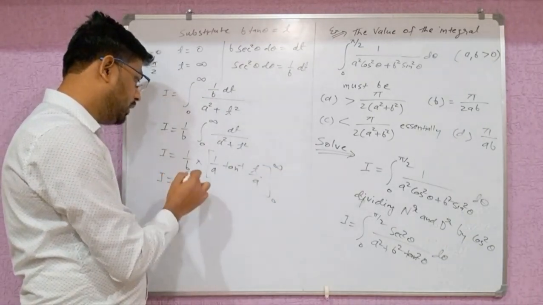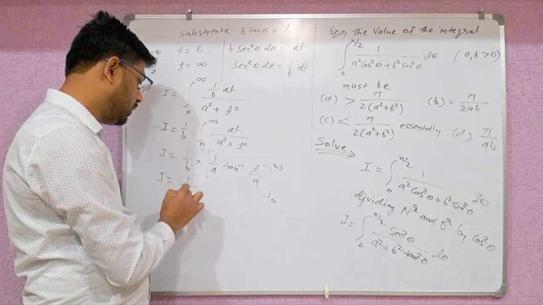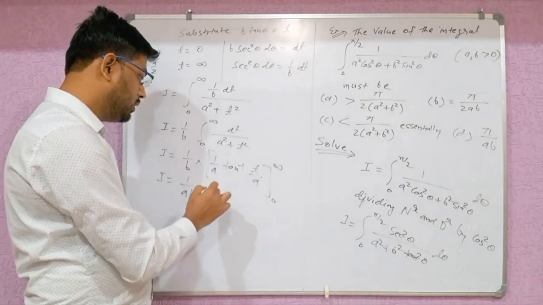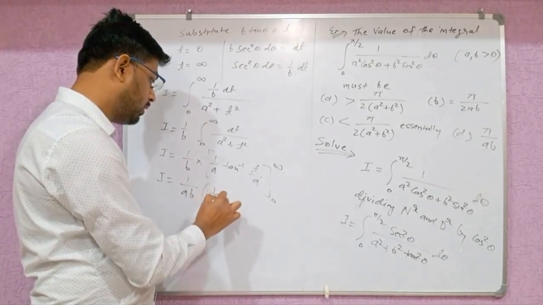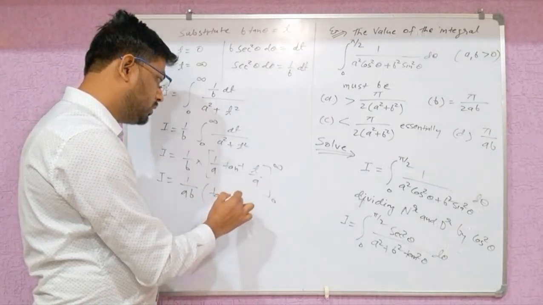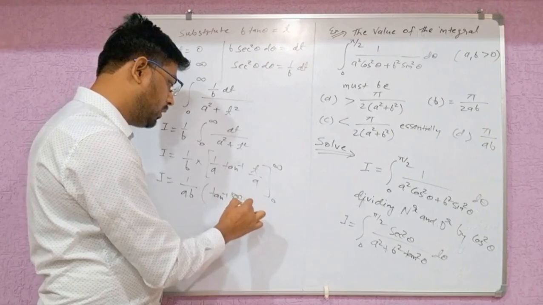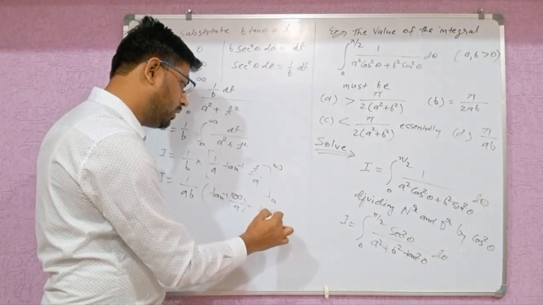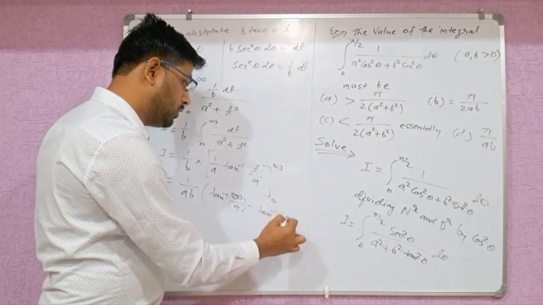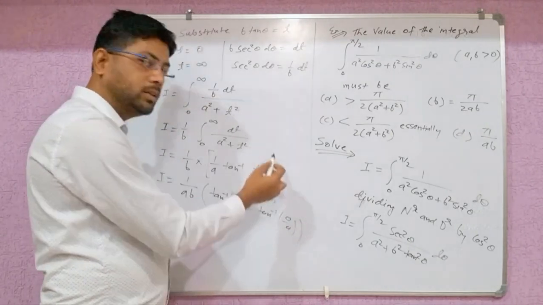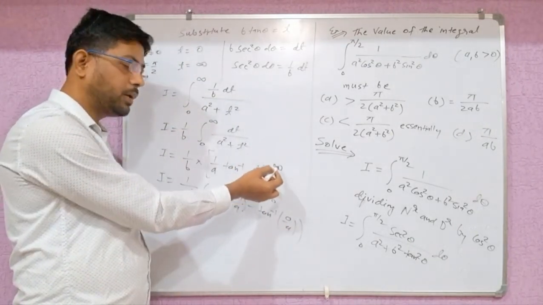So this a I am taking outside, so this will be 1 by ab, and this will be tan inverse infinite by a minus tan inverse 0 by a. Okay, this limit I have put, upper limit and lower limit.